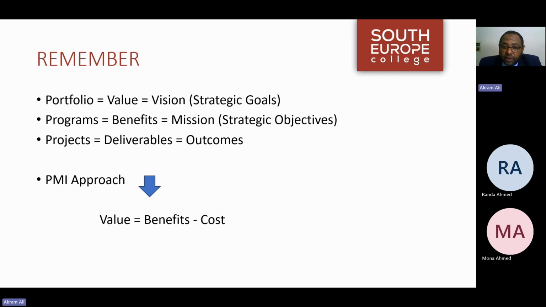A benefit is defined as a gain realized by the organization and beneficiaries through portfolio, program, or project outputs and resulting outcomes. Value, however, is the net result of realized benefits less the cost of achieving these benefits. Value may be tangible or intangible.